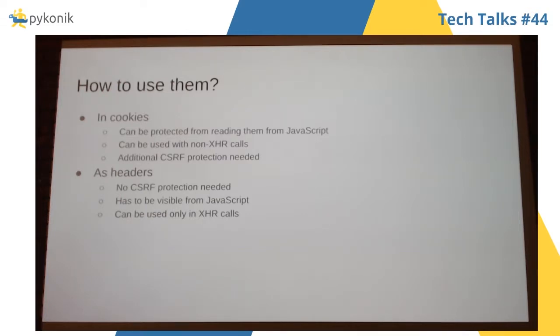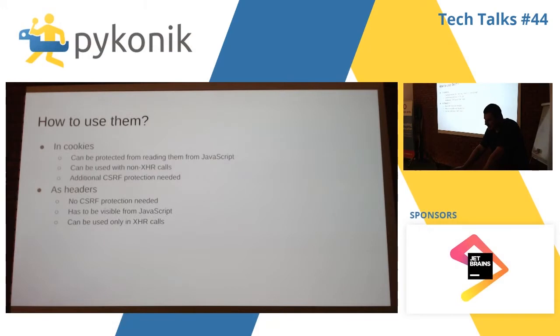So we just send him a cookie with the JSON Web Token, and each request, the browser will automatically add the correct cookie with the JSON Web Token. This has some drawbacks, has some good points.